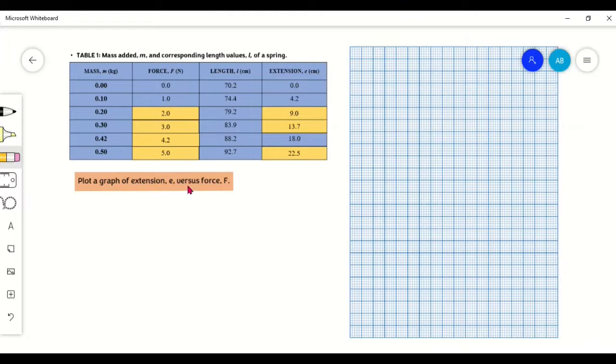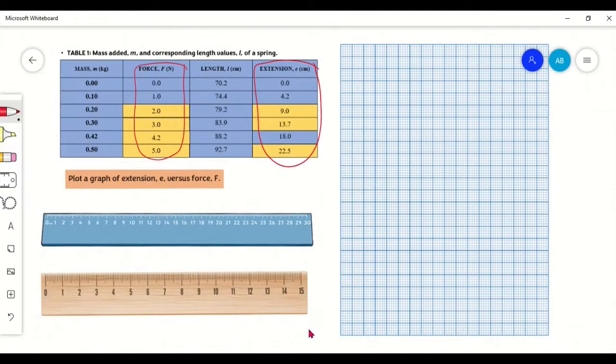Now we have to consider what scale we are going to use so that we're able to plot the values. I'm going to highlight the values. Remember, especially for the values on the y-axis, you should not label your axis with these values.